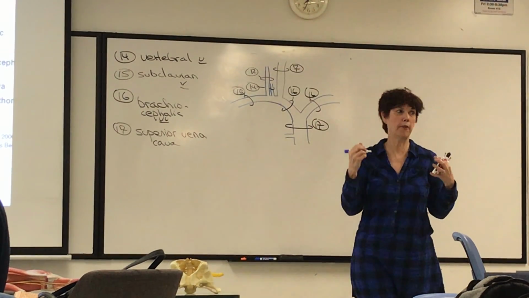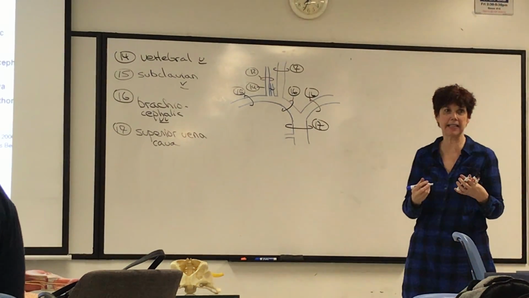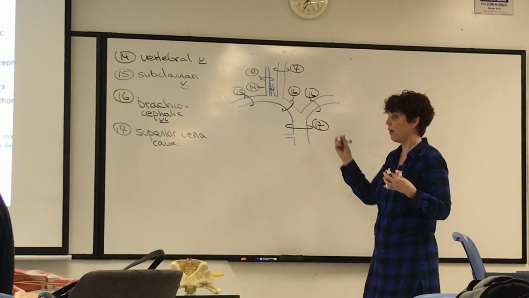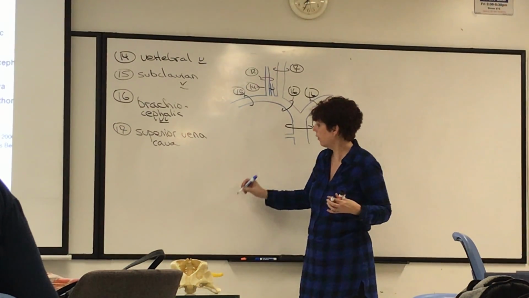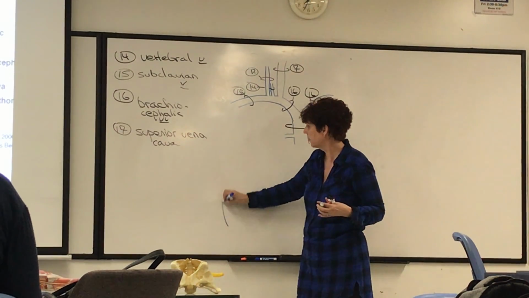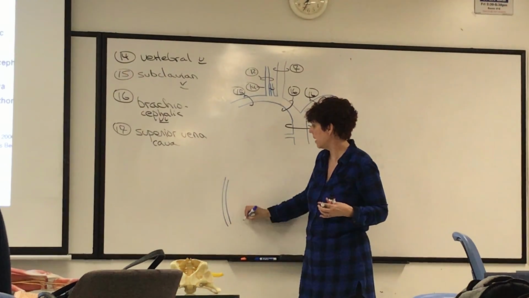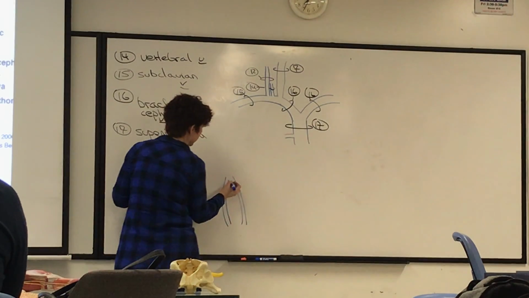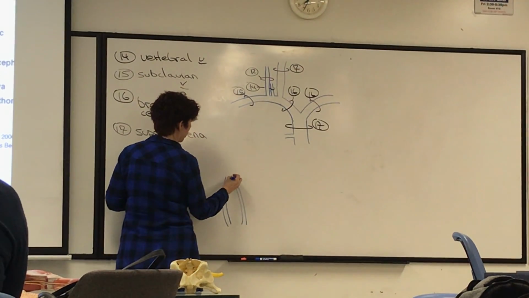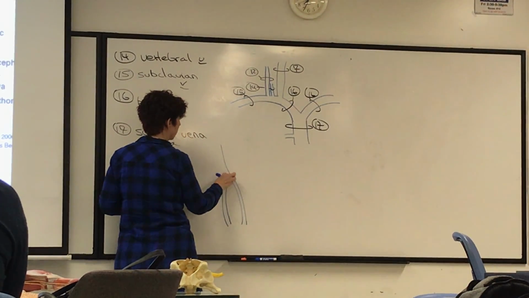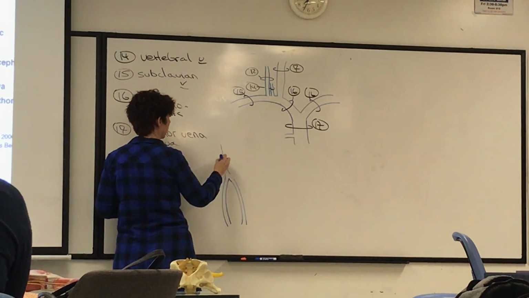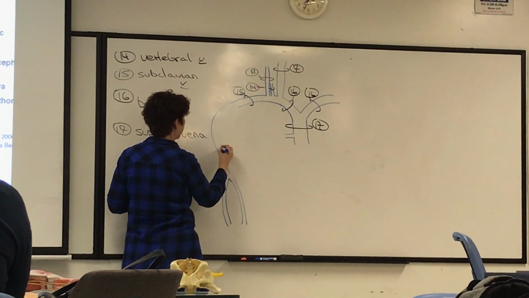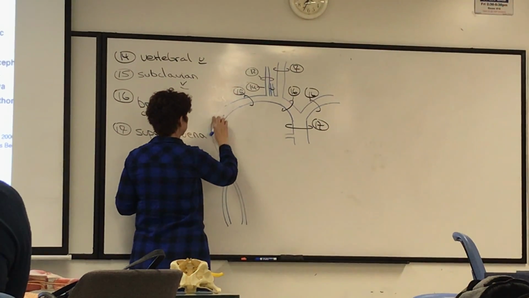The deep veins follow along the same exact sequence and pathways that we have with the arteries. So our lateral vein in the forearm is the radial vein. And the medial vein is the ulnar vein. And those join together to form the brachial. And brachial becomes axillary, and that becomes subclavian.